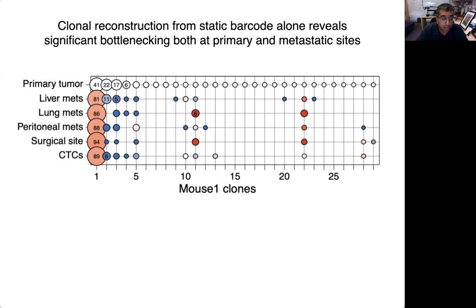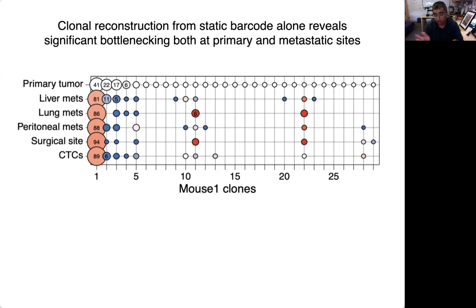And so the main message here, every column here is a different clone. And just to reiterate this, I maybe didn't do a great job of explaining this, but we're taking these Max Gestalt barcodes and introducing them lentivirally to integrate at many sites within the PDAC cells that are going to get injected.